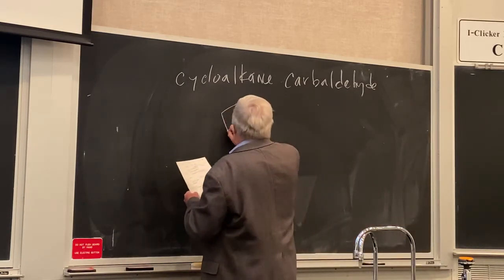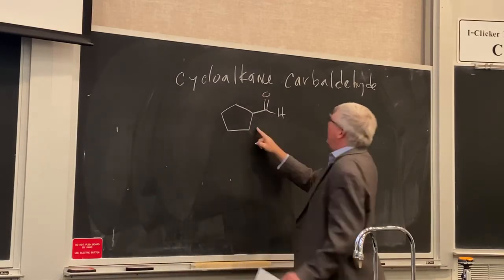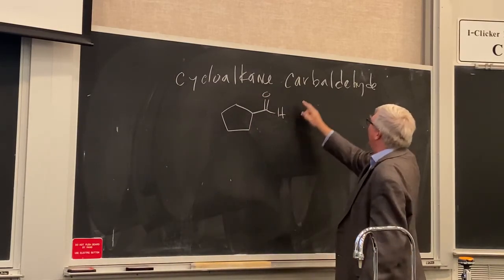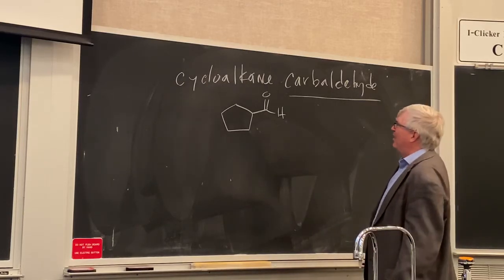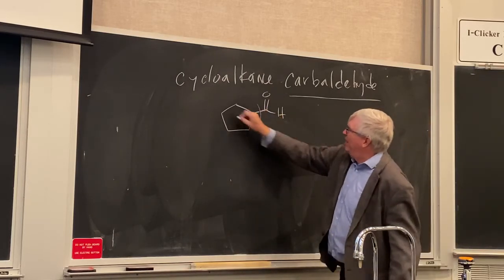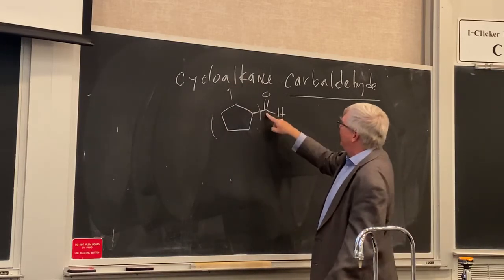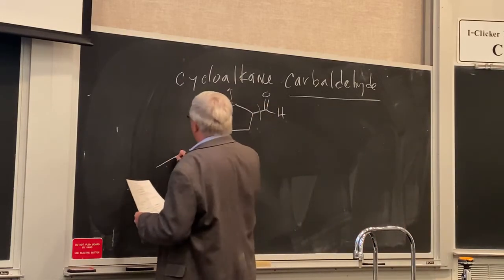So if we have cyclopentane, this would be cyclopentanecarbaldehyde. So that's part of the whole thing, or carboxaldehyde, sometimes it's called. So yeah, you have to draw out the whole name for whatever this group is here. That refers to that part, and then carbaldehyde for that. That makes those a little more difficult.